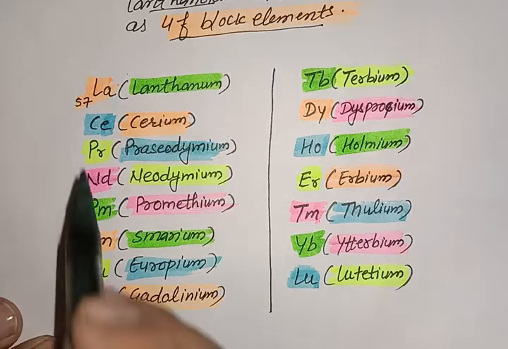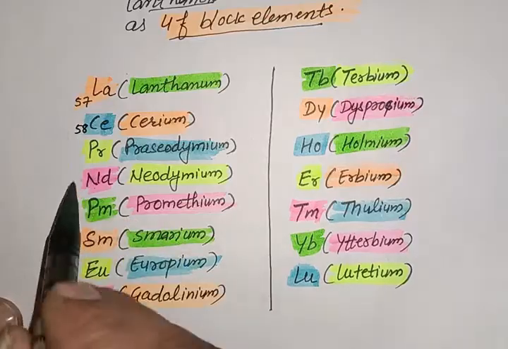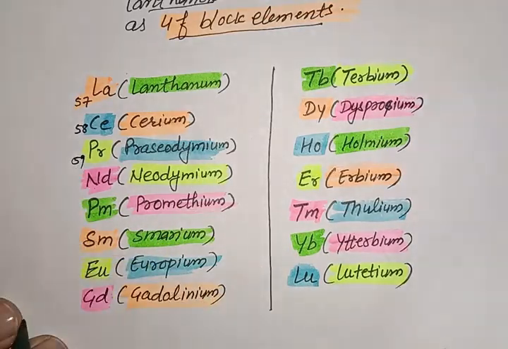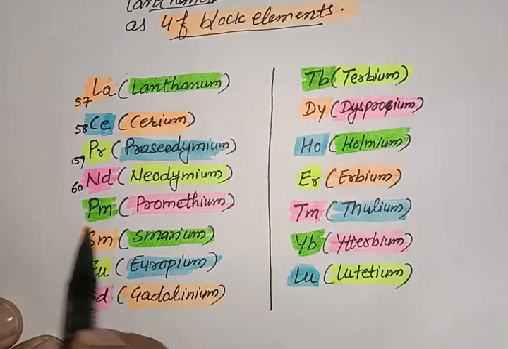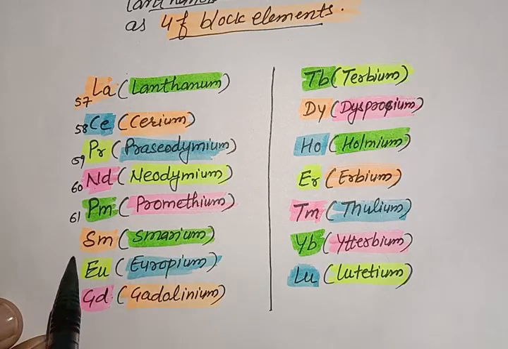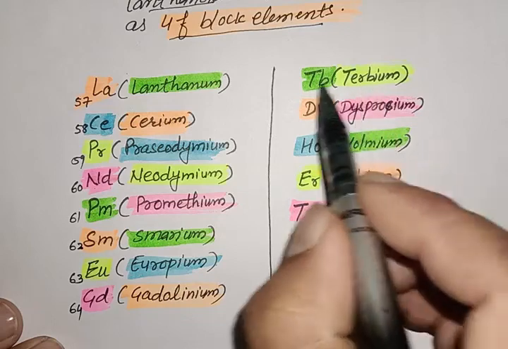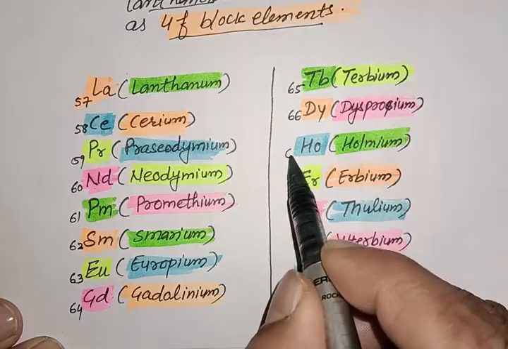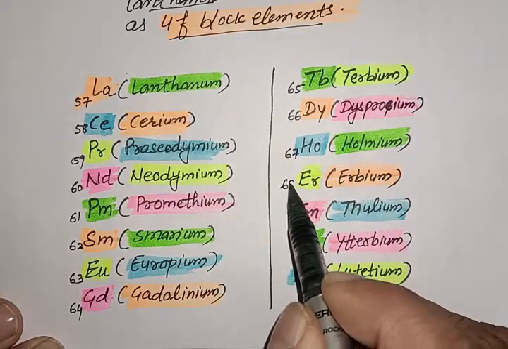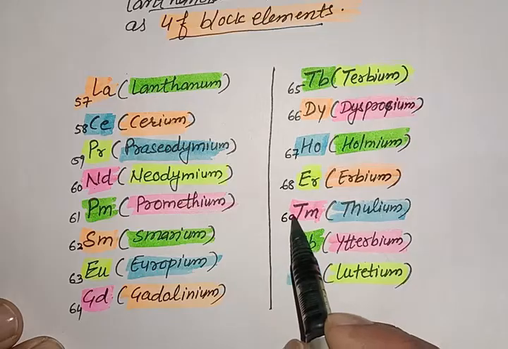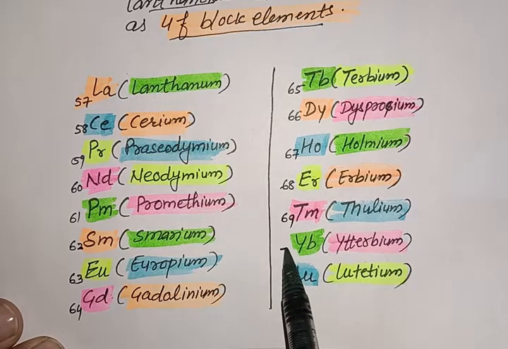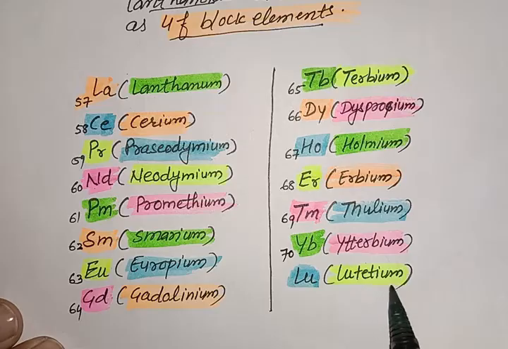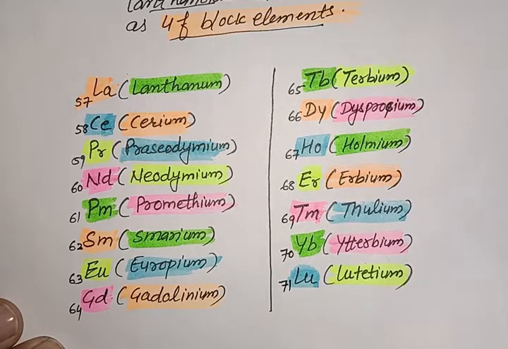These 14 lanthanoids are cerium atomic number 58, praseodymium 59, neodymium 60, promethium 61, samarium 62, europium 63, gadolinium 64, terbium 65, dysprosium 66, holmium 67, erbium 68, thulium 69, ytterbium 70, and finally lutetium, atomic number 71.